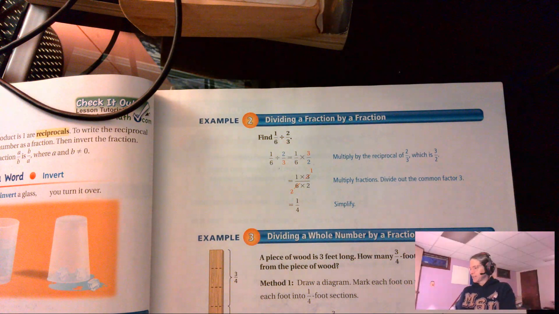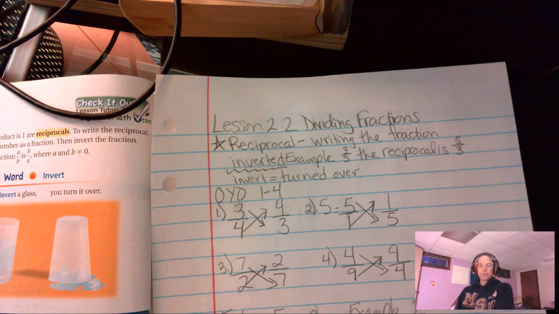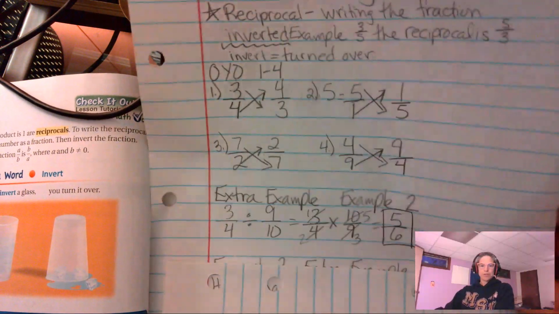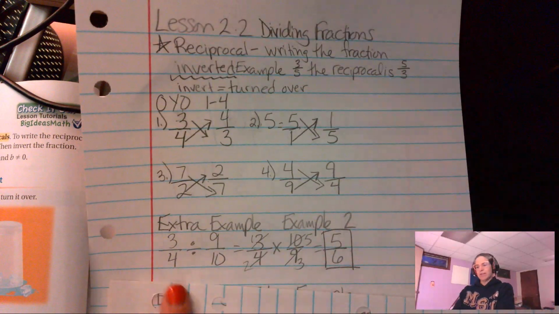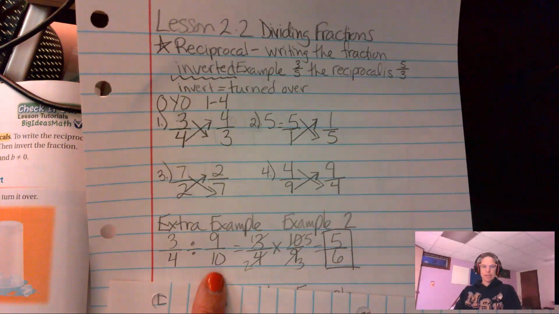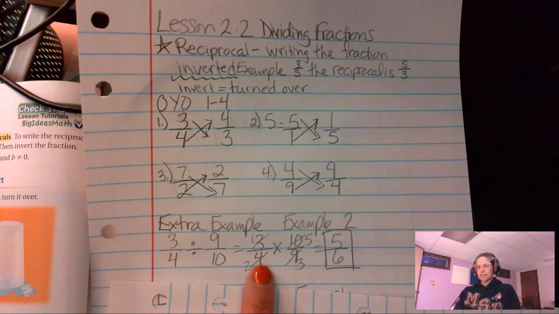Here's an extra example that I made of example 2. Oops, you can't see it yet. Hold on. Let me scooch. There we go. Okay. I had 3/4 and I was dividing it by 9/10. I flipped the second, so I had 10/9. 3/4 times 10/9.